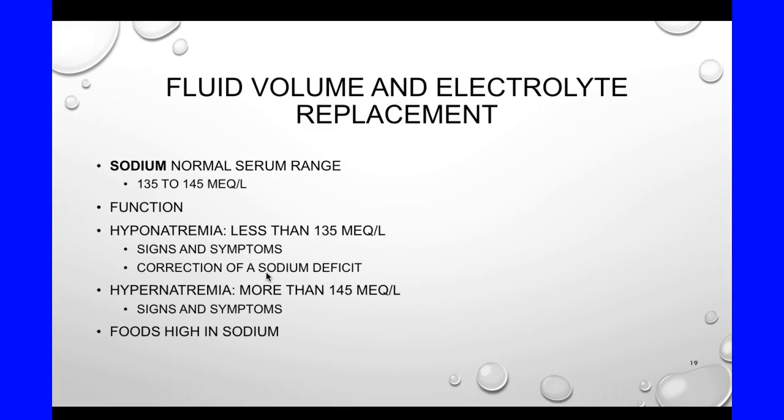So then we have hyponatremia and hypernatremia. And there are 3 reasons why you can have hyponatremia: euvolemic, hypovolemic, and hypervolemic. I'm going to go over this in class, but euvolemic just means that you have water in the body, but the sodium is diluted.